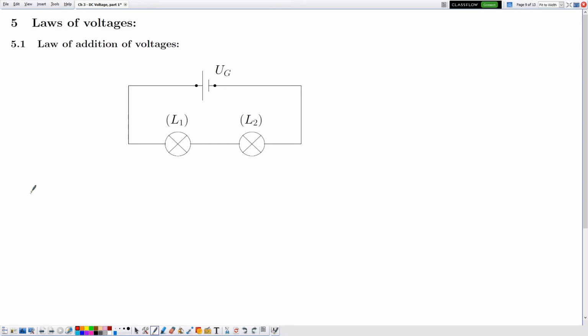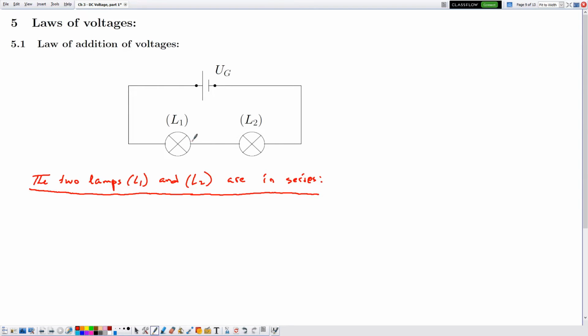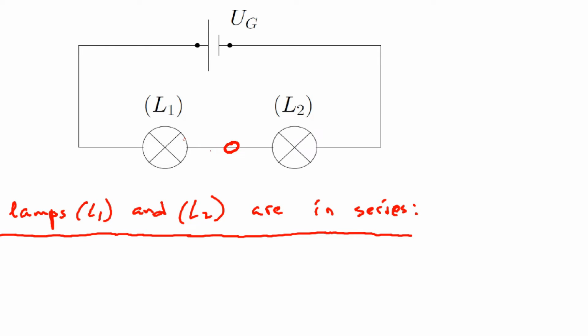Then the first thing that we must notice is that the 2 lamps L1 and L2 are in series, and this is because they only have one terminal in common.